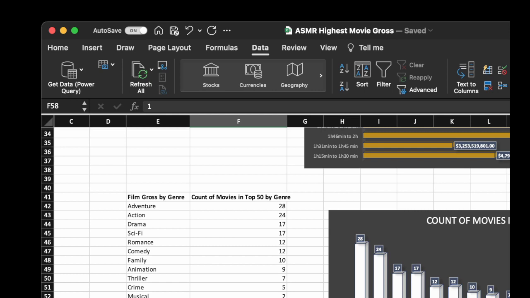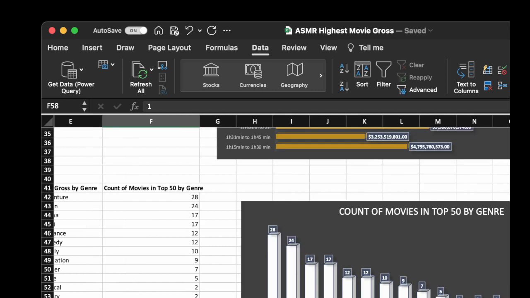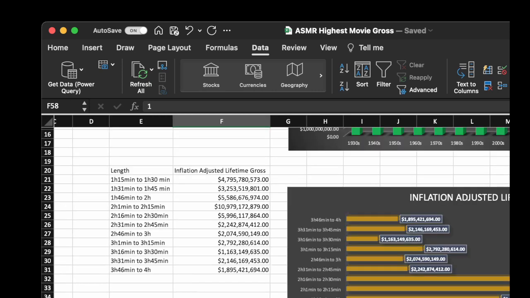So, you might say, what does all this data mean? Well, it means that if you want a film to have the best chance of being a high grosser, you need to make it between 2 hours and 1 minute to 2 hours and 15 minutes. It needs to be an adventure and action film.